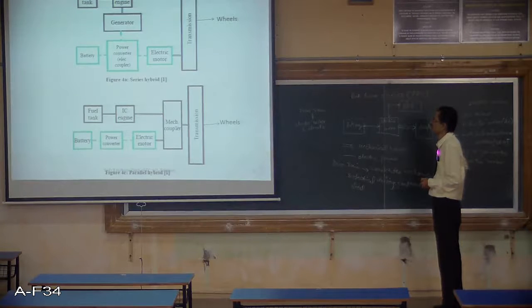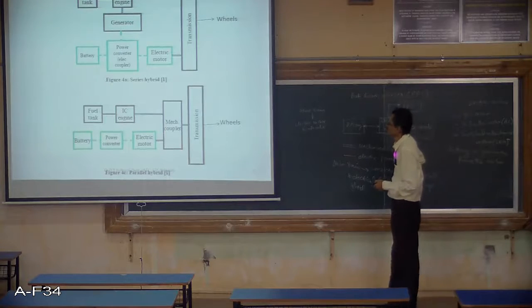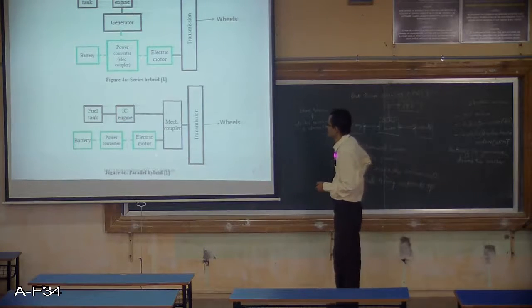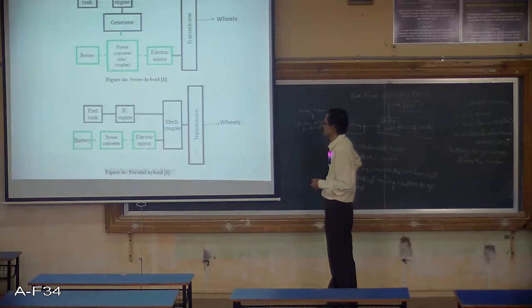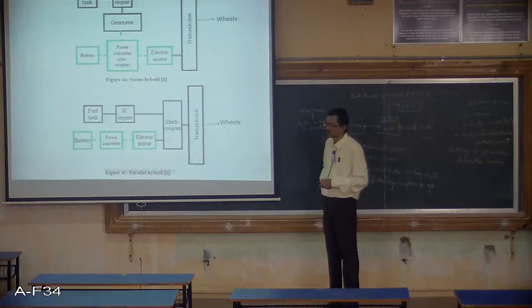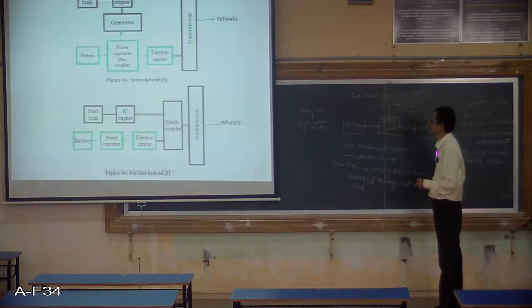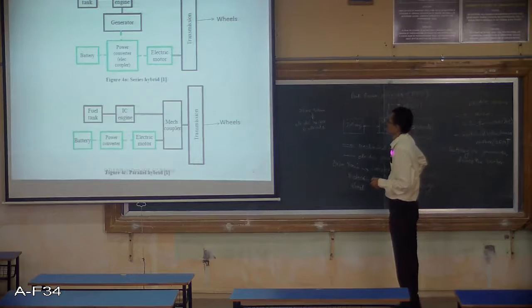And again, the control of this IC engine with proper gear and all requires additional equipment. Whereas the electric motor does not involve any other apparatus such as a gear train or any other coupler. The electric motor can be suitably controlled by just controlling the power converter.